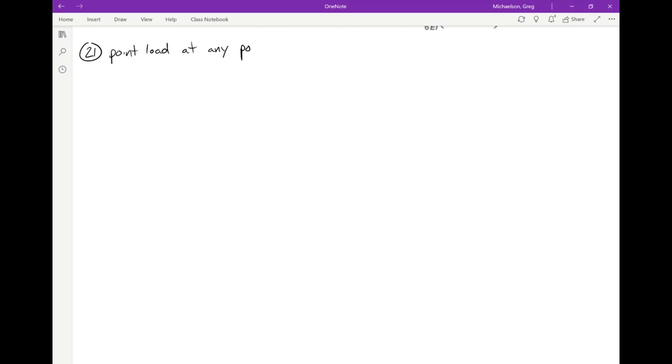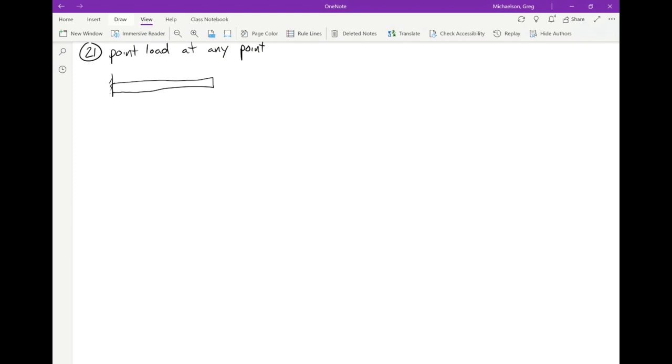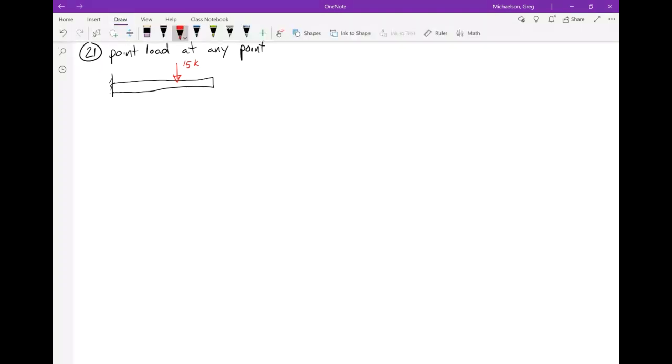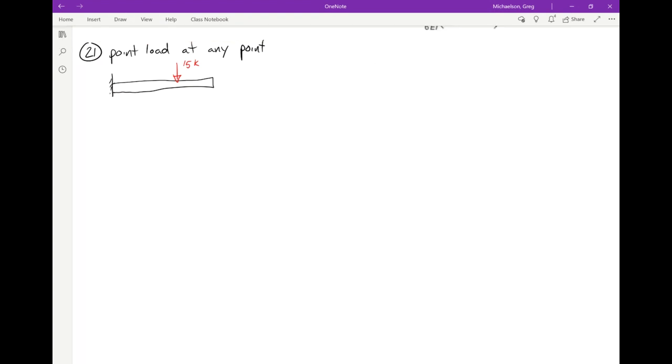What I mean by that is this: we have a scenario where we've got a cantilevered beam, and just like before, it's seeing a point load. But it's not at the free end, it's in the middle of the beam. And based on our problem statement, this is 16 feet and this is 9 feet.